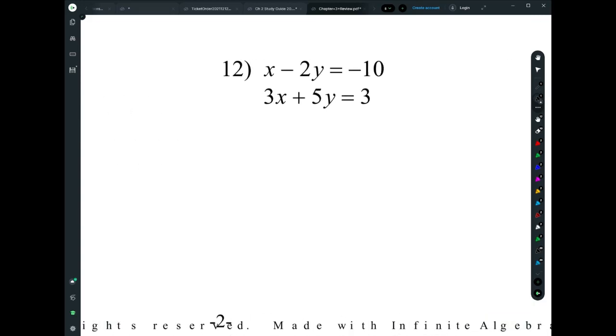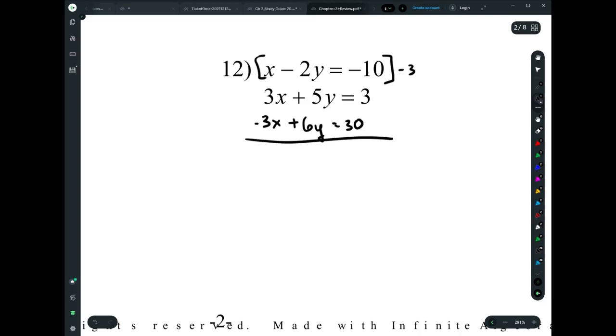Number 12, multiply the top by -3. And again, there are different ways you could do this. These are just the methods I'm choosing. You should get the same answer regardless in the end.